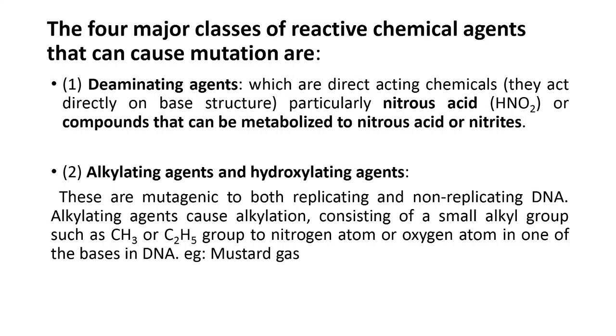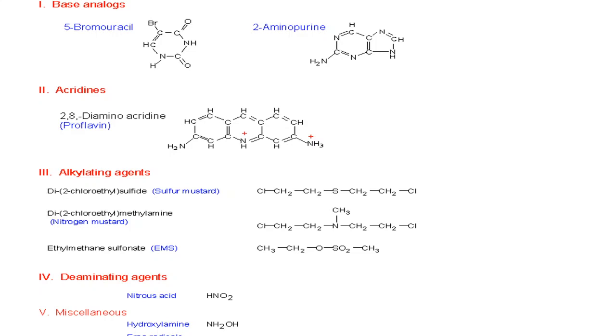And the second class includes alkylating agents and hydroxylating agents. These are mutagenic to both replicating and non-replicating DNA. Alkylating agents cause alkylation consisting of a small alkyl group such as methyl or ethyl group to a nitrogen atom or oxygen atom in one of the bases in DNA. For example, mustard gas.